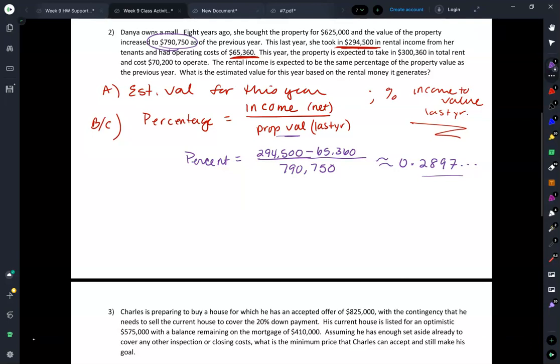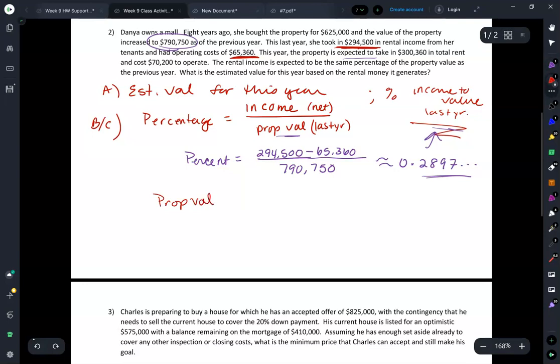And then once we have that percentage, that's what this is, we have to use that and predict what it's expected to happen this year. So we're going to write a little different variation of the formula.